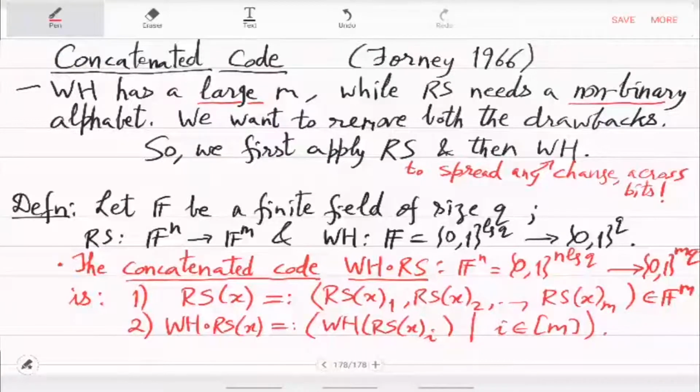So, the ith symbol, view it as a Boolean string, and then Walsh-Hadamard will stretch it further.